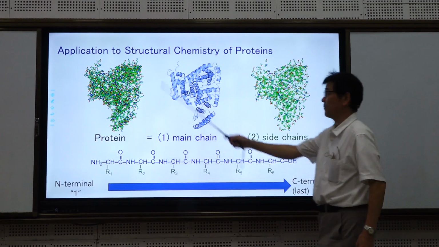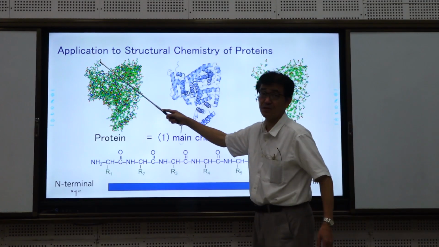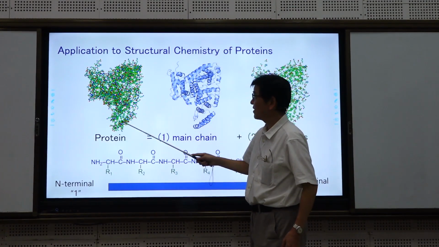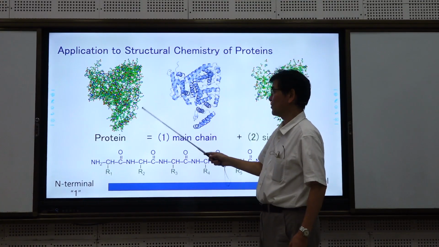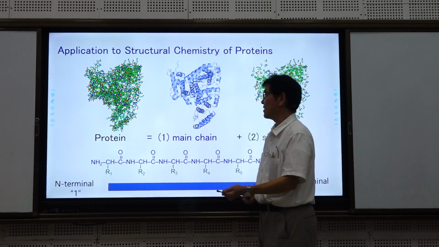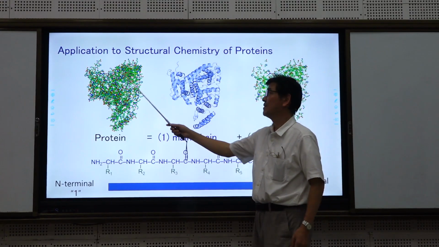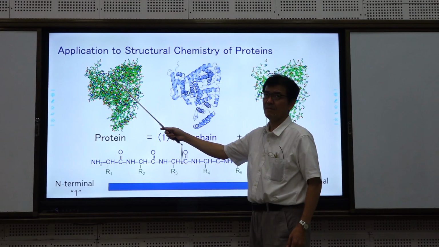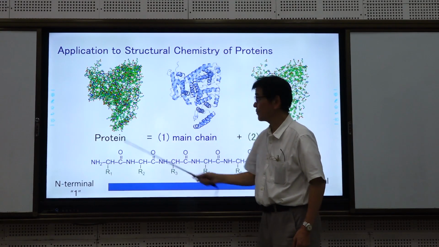As you see, this is the protein. How many atoms are there? I have no idea. Probably this is more than 10,000 or so.